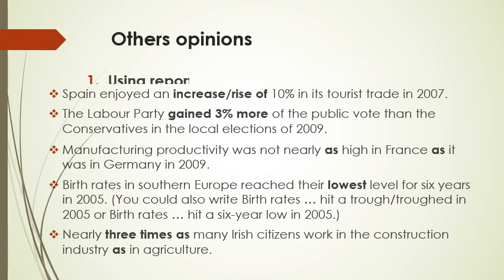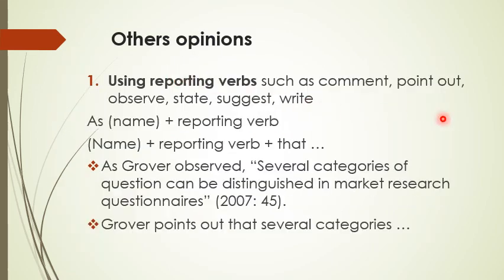In academia, sometimes you need to talk about a particular research, a particular paper, or a particular group of research, the findings of them. To do so, we can use some reporting verbs like report.